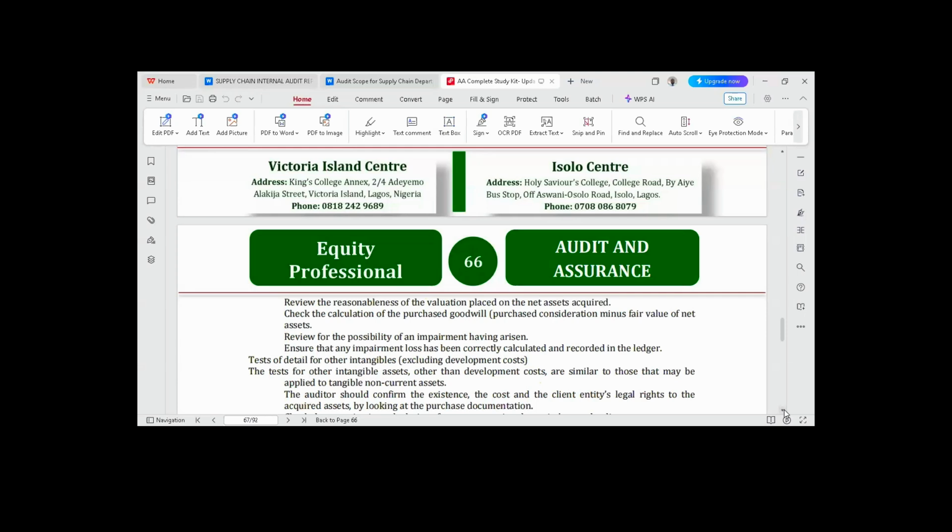Then review for the possibility of an impairment having arisen, that is, an impairment on the goodwill. Ensure that any impairment loss has been correctly calculated and recorded in the ledger. All right.